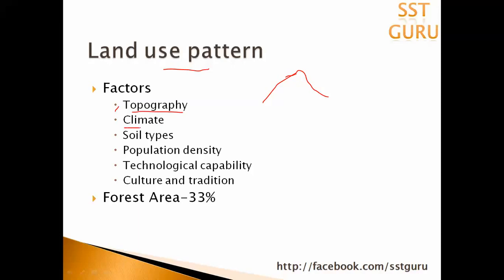And next comes the climate. The climate plays a very important role in the use of land. Different crops require different types of climates to grow on. For example, let me tell you the example of saffron. It is known as a golden spice, the gold of spices.